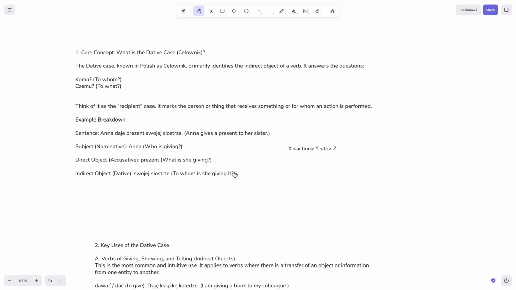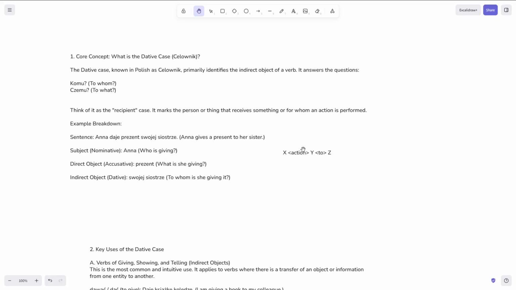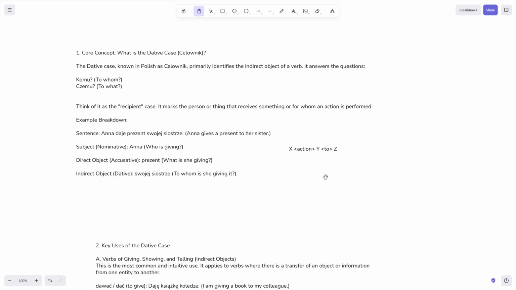To whom? To her sister. Okay? And that's basically the way that different cases work and complement each other, I guess. So we start with the nominative case, which performs the action on Y, which is in accusative case, and that action or some effect is given to Z at the end, okay? Which is in dative, okay?